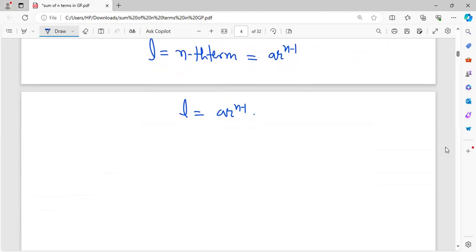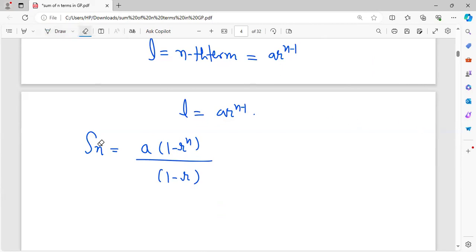So what is Sn? Sn is equal to a into 1 minus r to the power n upon 1 minus r. But I want to skip the n here, because I know that n terms is given, and we are taking the sum of all the terms.